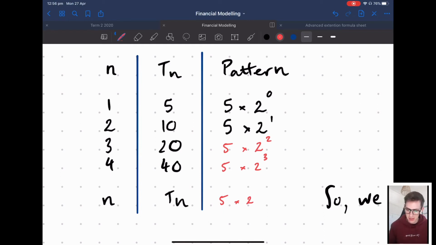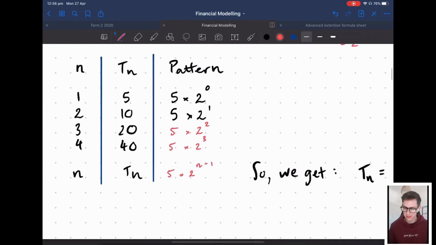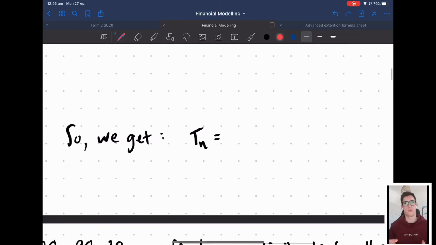So it's always going to be our A value times our R value, where the power is 1 less than the spot that we're in. If we were to write this as a general formula, it's going to be our A value, whatever that is, multiplied by our R value, so AR, but we've got 1 less R than the spot we're in.